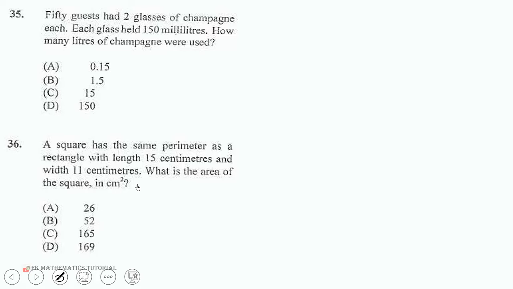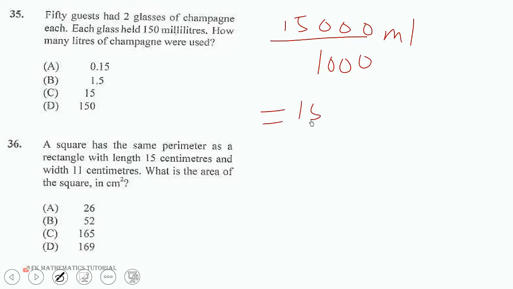So the 100 glasses will have 150 times 100, which is 15,000 milliliters of champagne. Then we want to find the number of liters of champagne that were used, so divide by 1,000. That will give you 15 liters. So the correct answer is C.